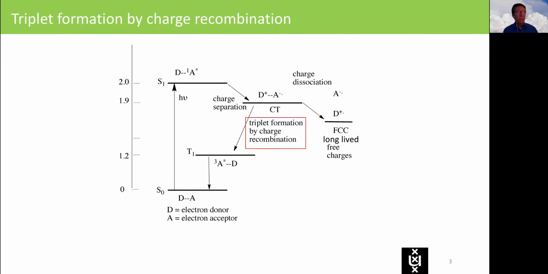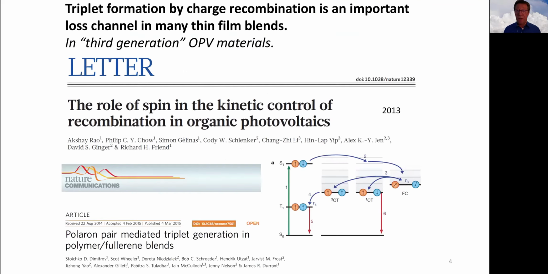Now, in a lot of this research, charges are often lost to form triplet states that are localized. So this has been an unwanted side reaction for years, and it's hard to avoid. And it also actually is occurring in organic solar cell materials.